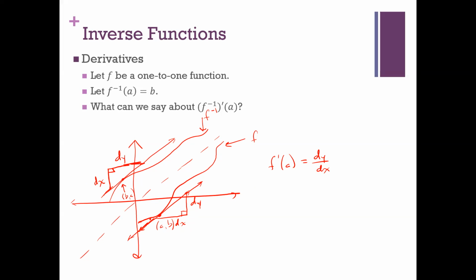What happens if you take a vertical line and reflect it across? And similarly for the horizontal dx.